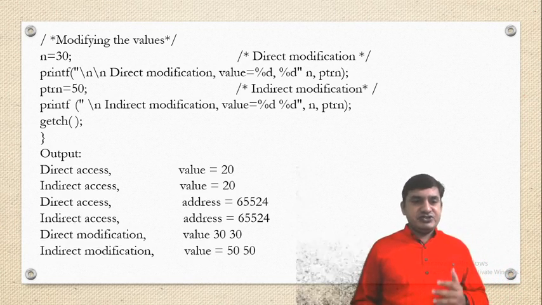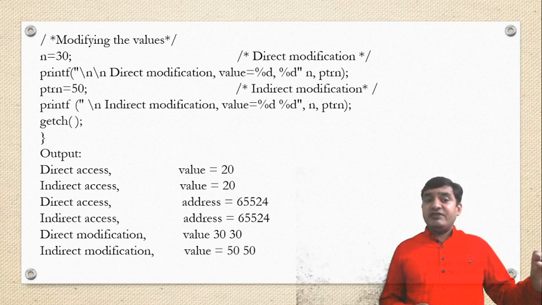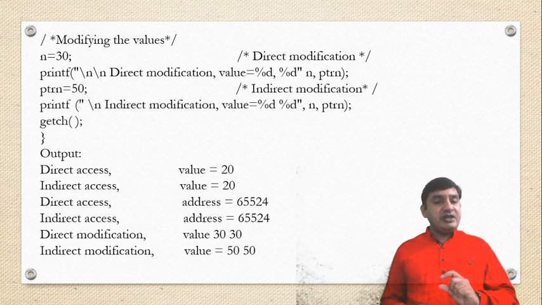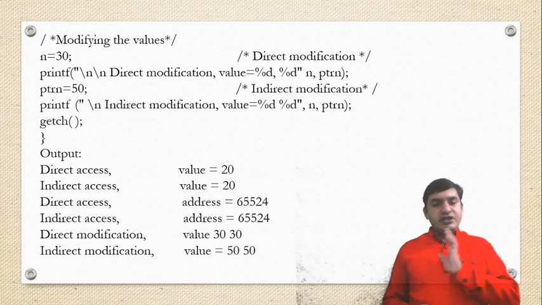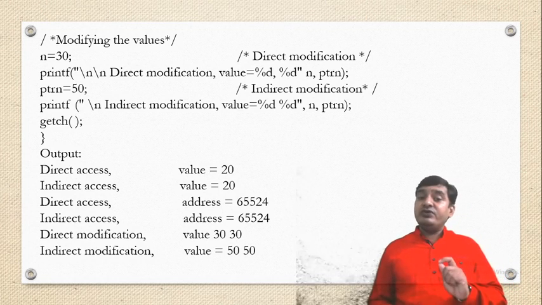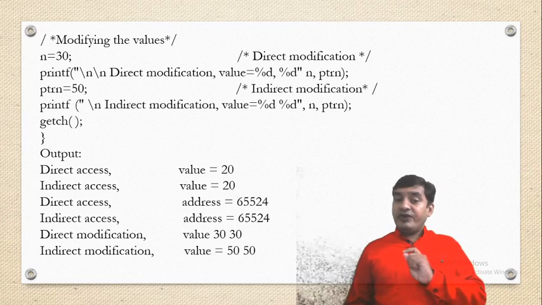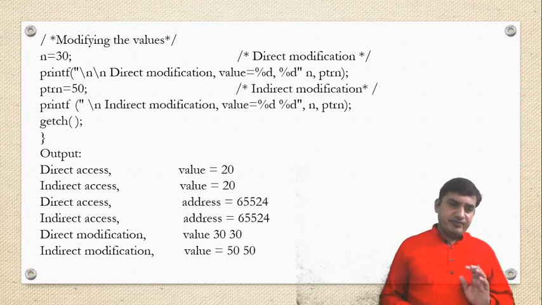What is the output of this? Direct access value: the first printf function is used to display the value n is equal to 20. So direct access value is equal to 20. The second printf function is used to display the value of n, which is indirect access, and the value is 20.